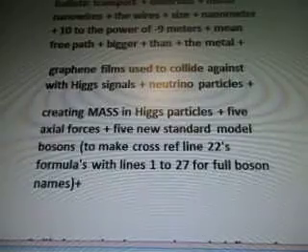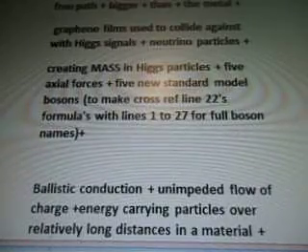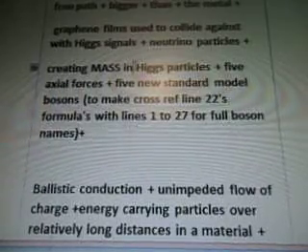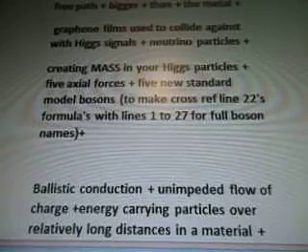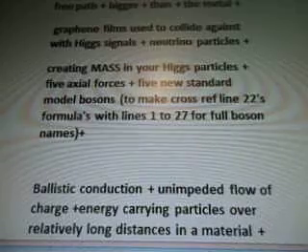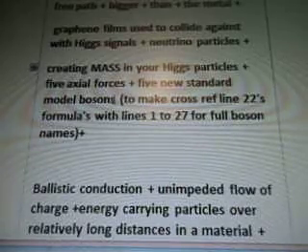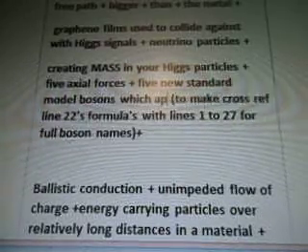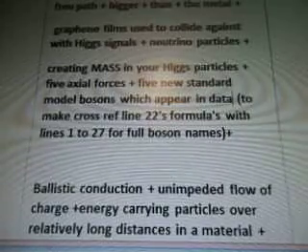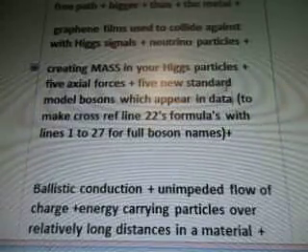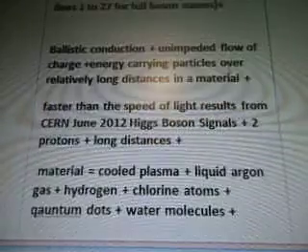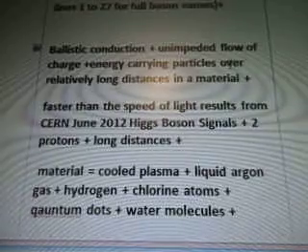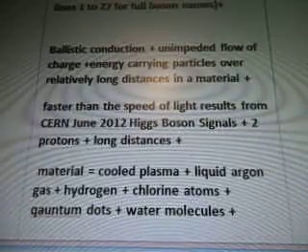Neutrino particles creating mass in the Higgs particles, in your Higgs particles. And 5 axial forces, plus the 5 new standard model bosons, which appear in data, to make a cross-reference lines 22 formulas with lines 1 to 27 for the full boson names, and the new standard model. There's five new standard model bosons that come up in the WOW signal, okay?